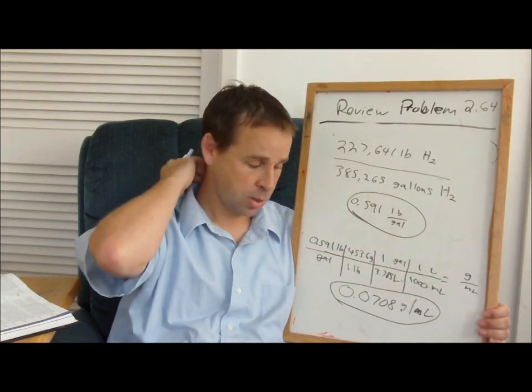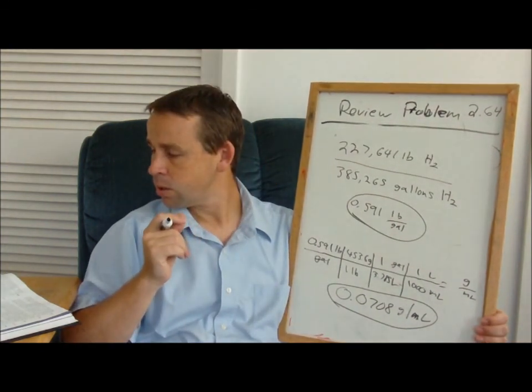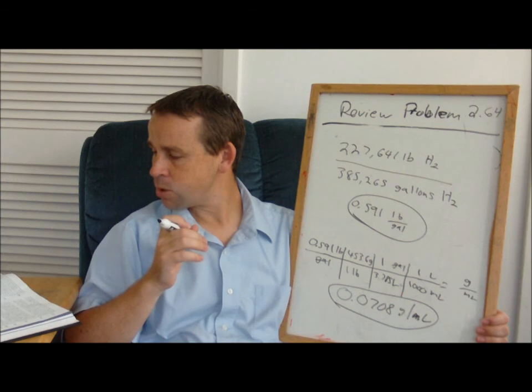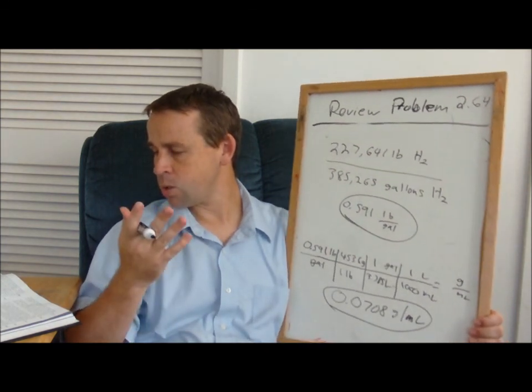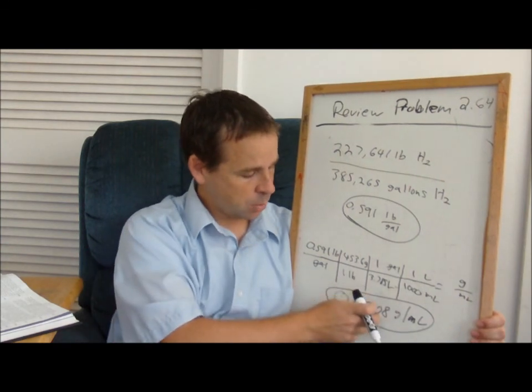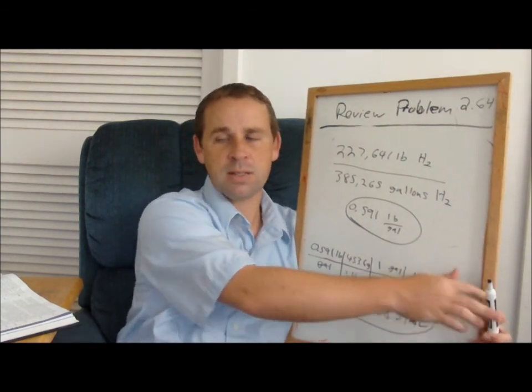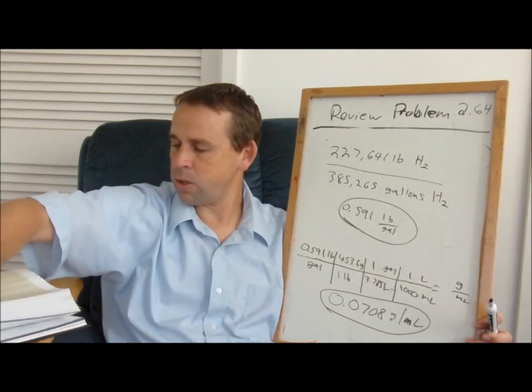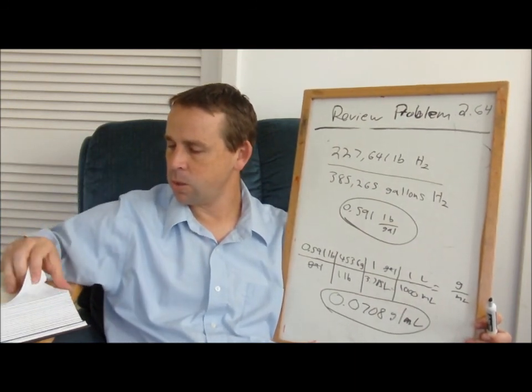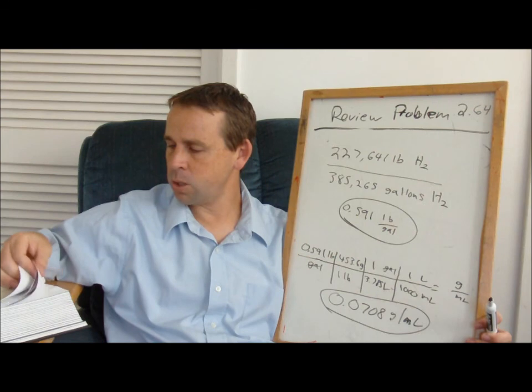Under these conditions, does it give us a temperature? It doesn't give us a temperature. So we have to assume the density of water is 1 gram per milliliter. So that will be the specific gravity as well. We can double check that one in the back of the book. Make sure we got all those answers, a lot of answers there.